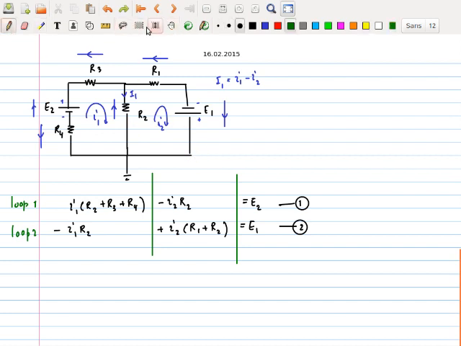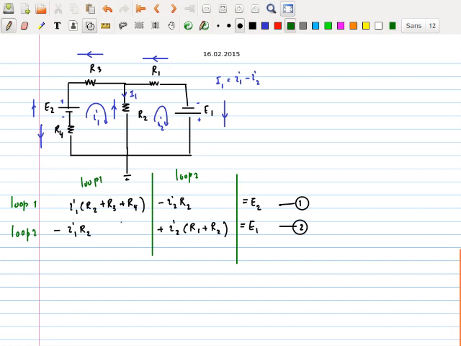Now let's take a look at loop 2. Actually this is loop 1, this is loop 2. Loop 1 and loop 1 talks about everything associated with loop 1. Loop 2 and loop 2 talks about everything associated with only loop 2.